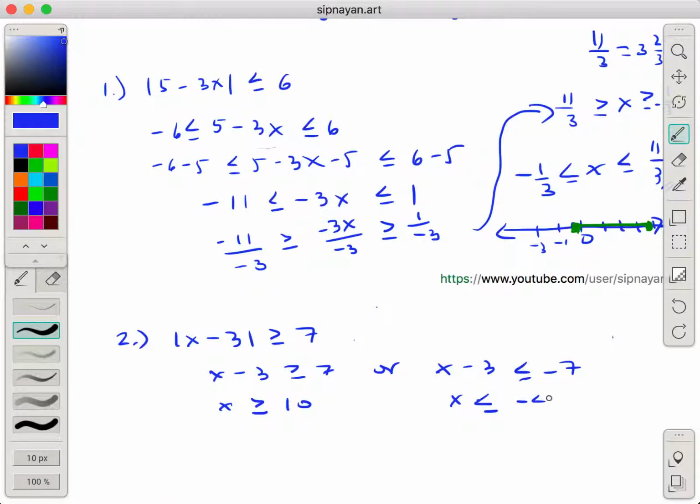That's negative 4. So the solution set is, if this is 0, this is 10, and this is negative 4, it is less than or equal to negative 4. So this is negative 4, included because it has an equal sign. Go this way. That is its graph.